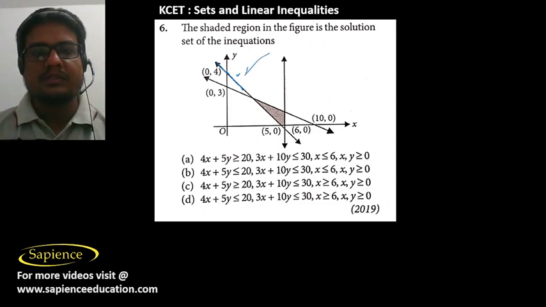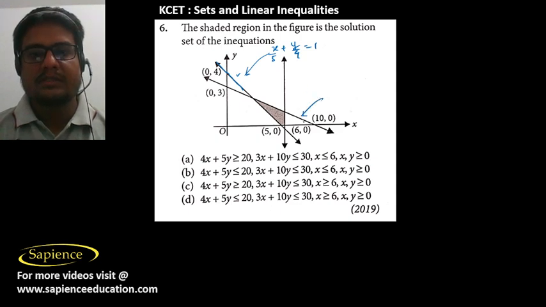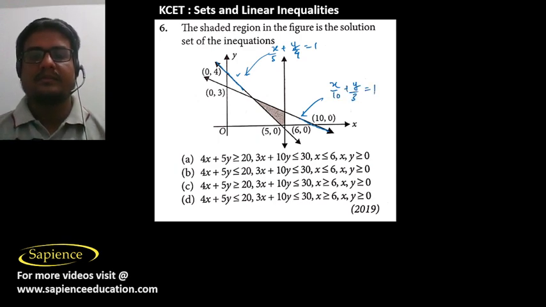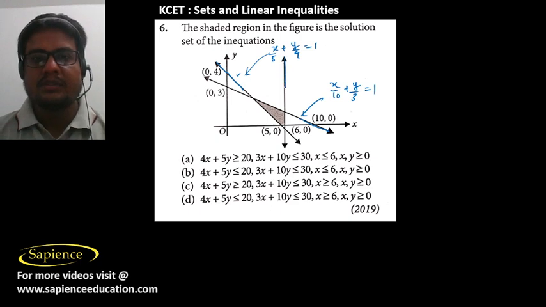So therefore the equation of this straight line is x by 5 plus y by 4 equal to 1. And the equation of this straight line has its x-intercept 10 and y-intercept 3. Therefore it is x by 10 plus y by 3 equal to 1. And the equation of this straight line is x equal to 6.